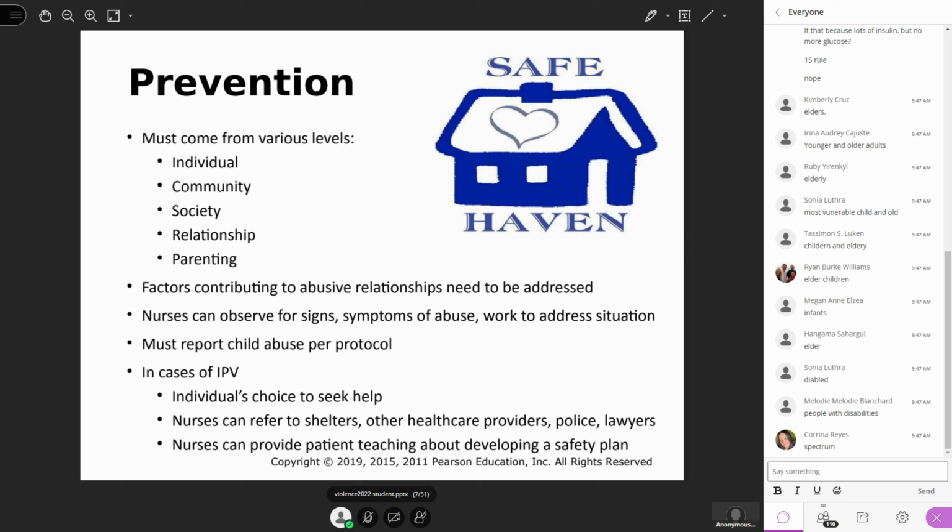The most important thing that we are going to be doing as nurses is identifying patients who are coming into the doctor's office that are showing signs that they may be being abused at home. We need to pick up on some of these signs and symptoms.